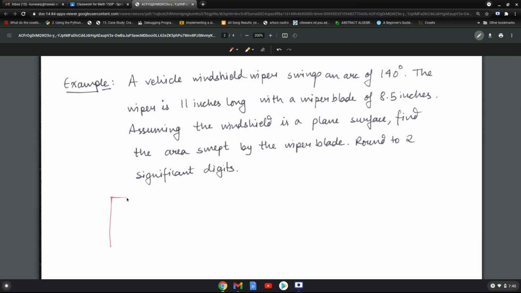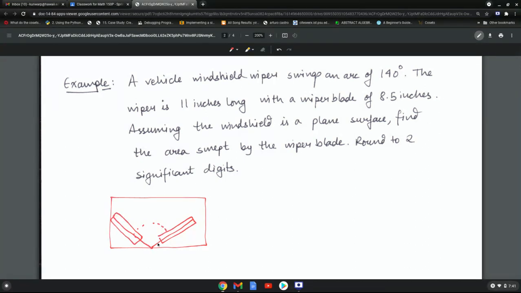So let's say that's my windshield, which we can assume is a plane surface. Now let's say this is where my wiper is at, right here. But remember that the wiper is 11 inch, but the wiper blade is 8.5. So let's say the wiper blade starts here and then it swings an arc to the other end, and let's say that's the wiper blade.